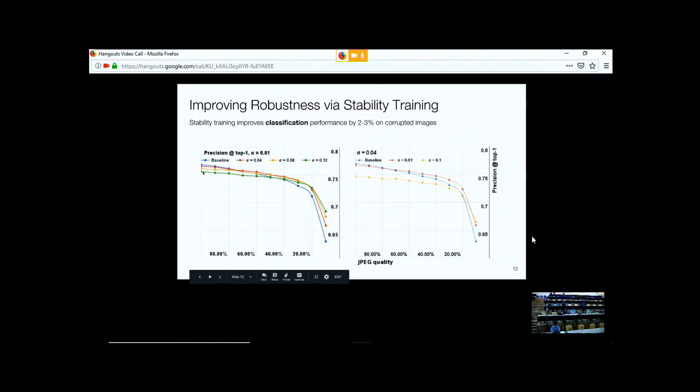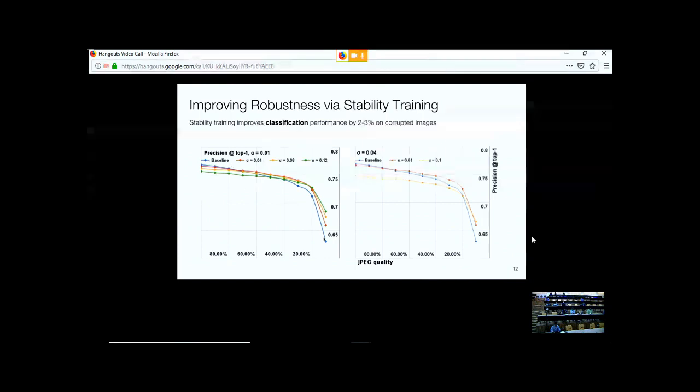These four curves all represent different neural networks, and as the quality of the image decreases, the classification accuracy decreases from about 76% to roughly 65%.